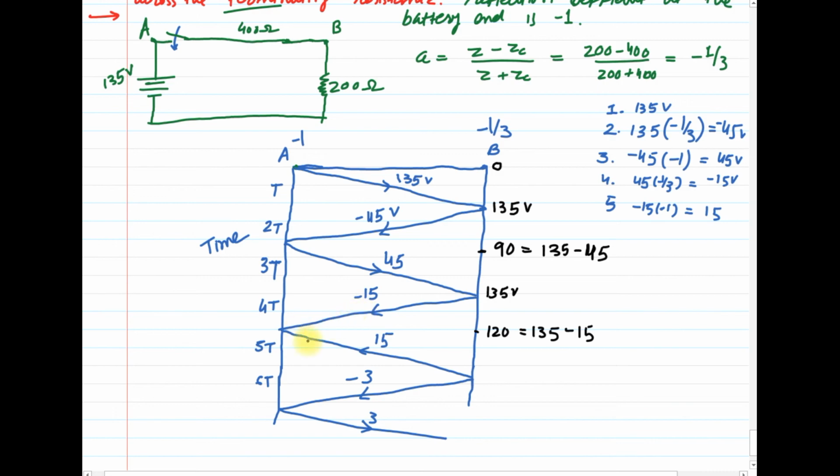Again over here plus 15, which is 135, as it is. And at the end of this point we get the voltage of 130, which is 135 minus 3. Clear?